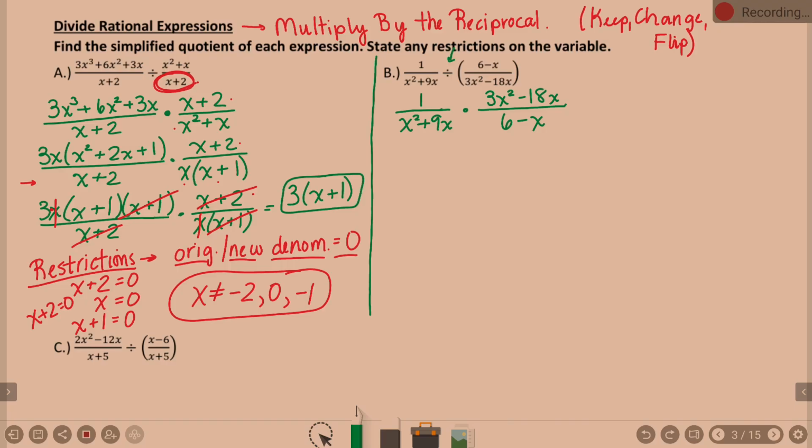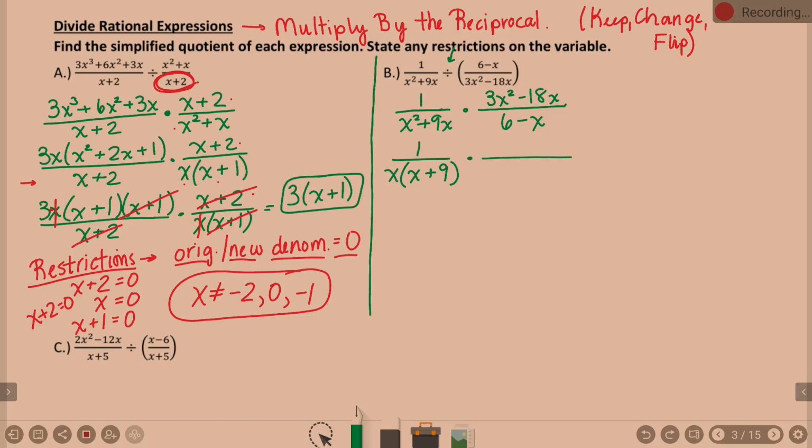Let's go through and get some factoring. 1 is 1. What about x squared plus 9x? Okay, x squared 9x. There's no constant at the end, so think GCF. They both divide by x. x squared divided by x becomes x, plus 9x divided by x is 9.